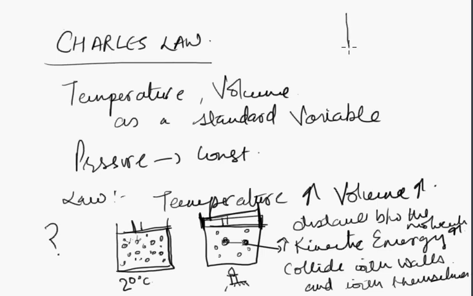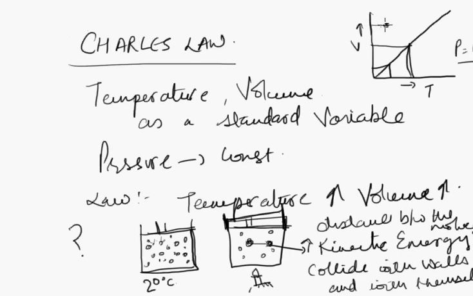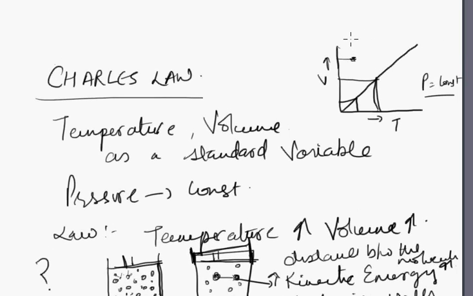Now if we see the graph part, what happens? The graph goes like this: this is the temperature and this is the volume, keeping pressure constant. When temperature increases, volume increases, with a very gradual increasing structure.